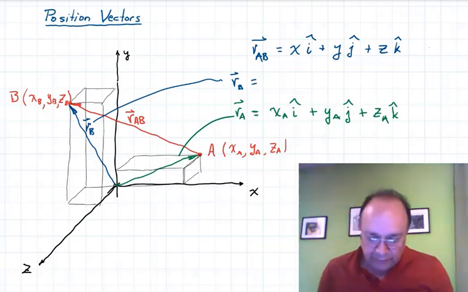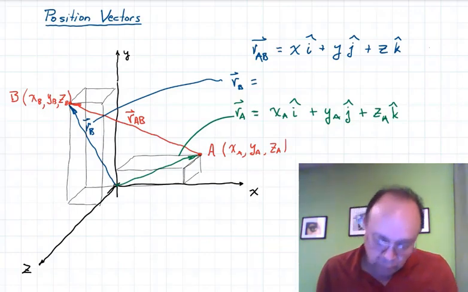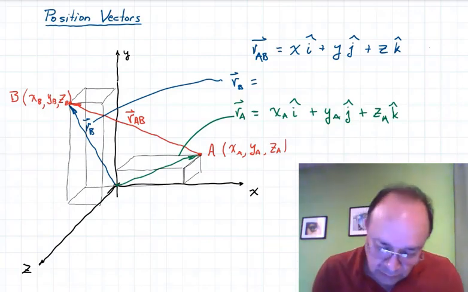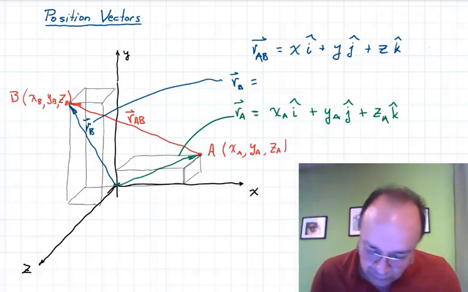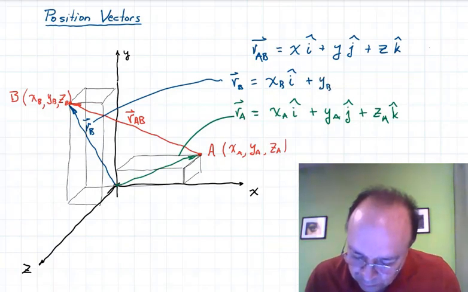So you have the vector RA, position vector of A with respect to the origin, and RB, position vector of B with respect to the origin, whose coordinates are going to be XB i plus YB j plus ZB k.